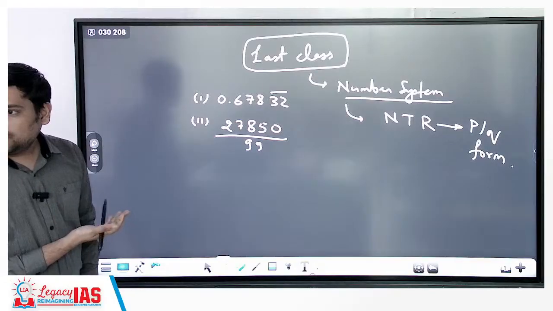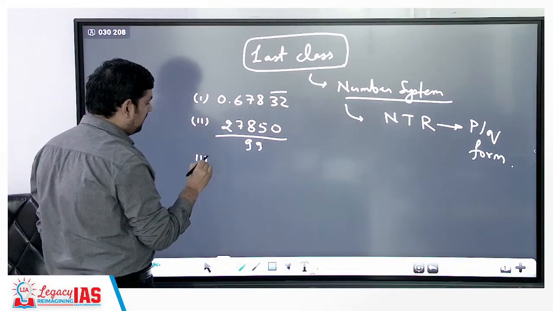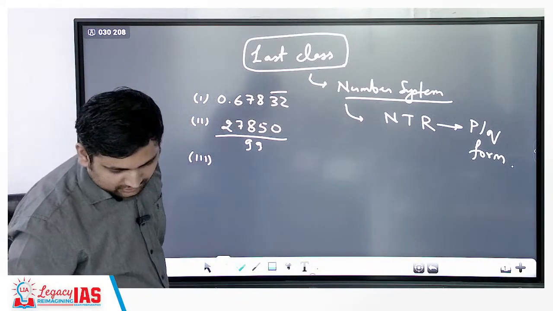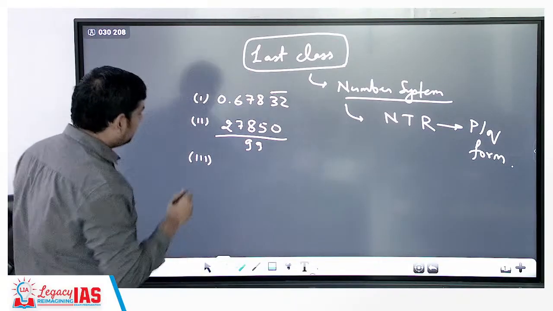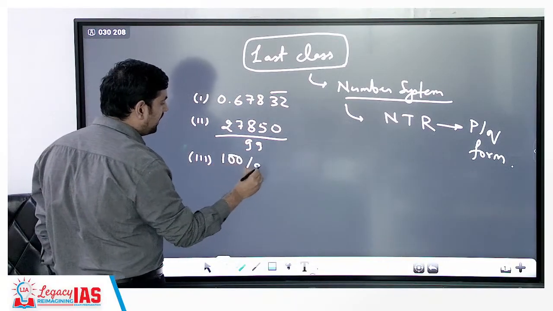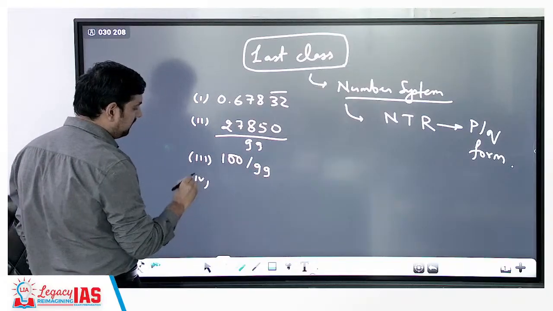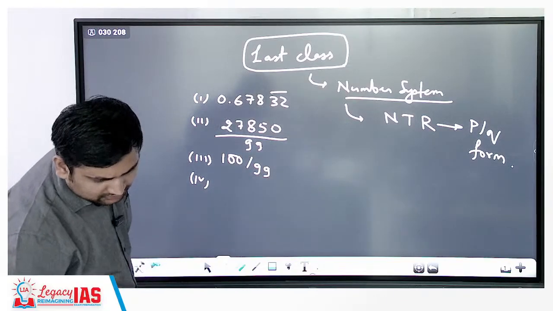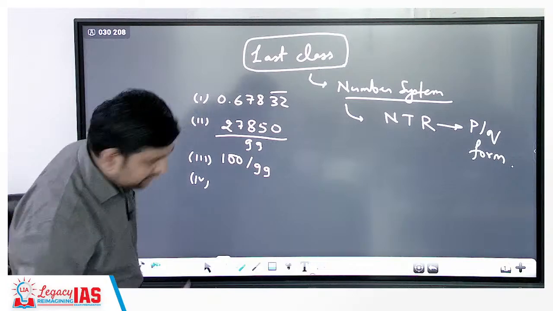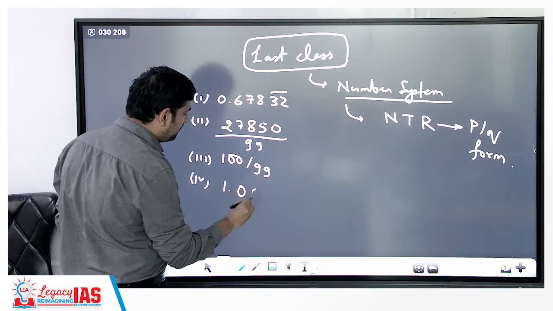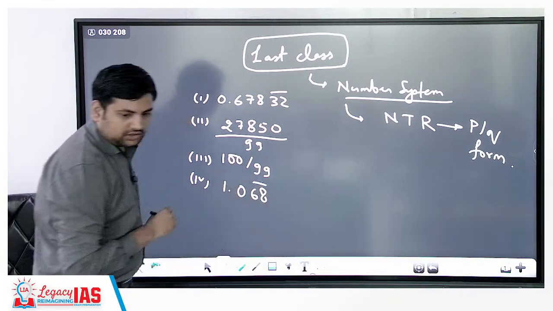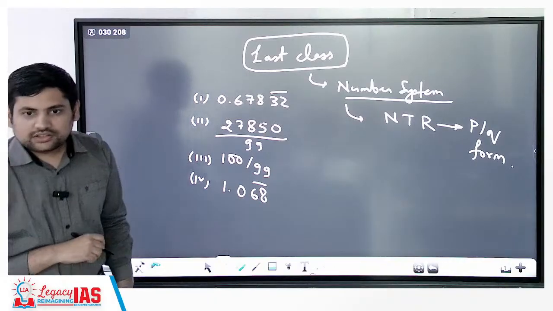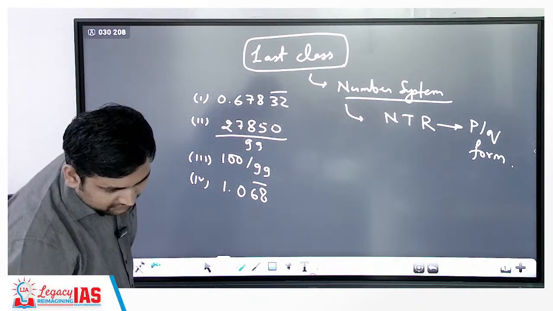This is what you are getting? Correct. Then third, you should get 100 by 99. And fourth, what do I get? Yes, so this is 1.068 bar. Correct. This only I gave, no?